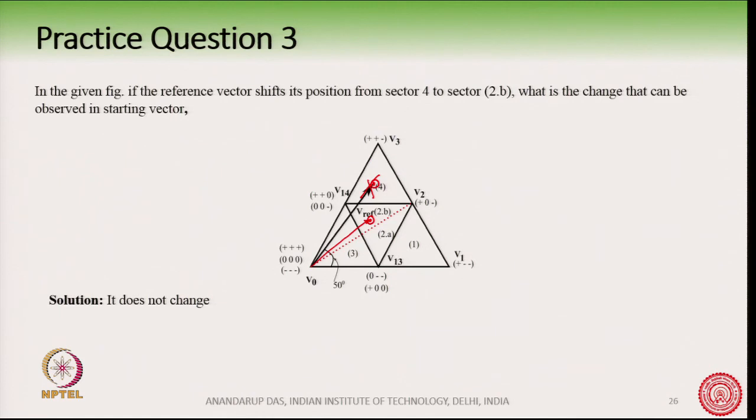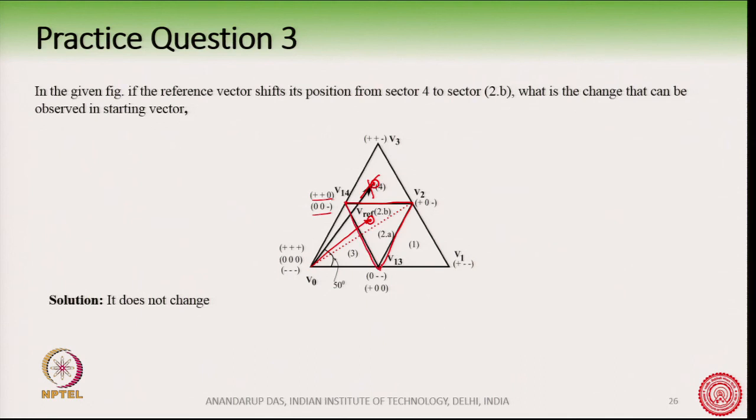It will be either plus plus 0 or 0 0 minus, any one of these multiplicities. So, it will start from here, but now it will choose the triangle which is enclosing this particular reference vector. The triangle which is enclosing this one is this triangle.